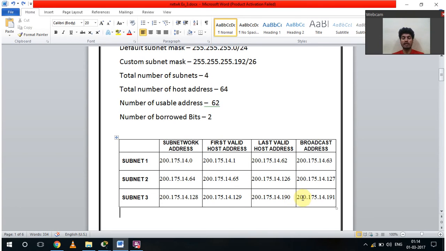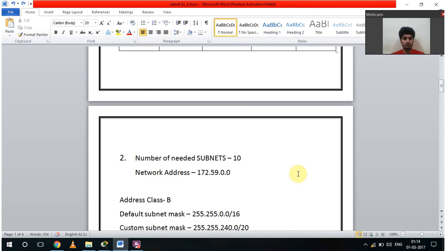The broadcast address, which is not usable, will be 200.175.14.191.